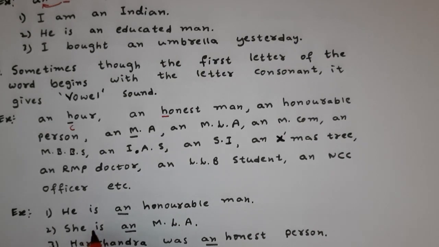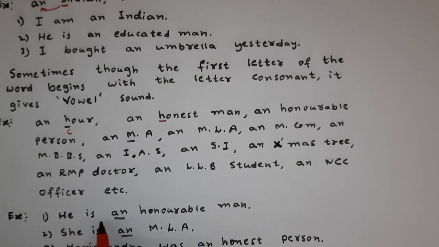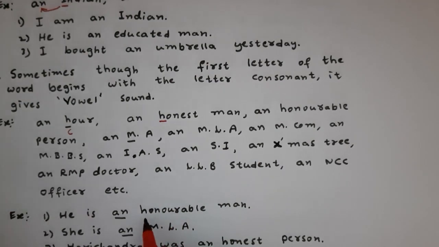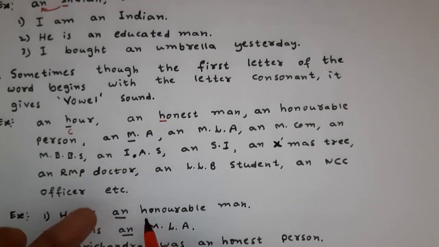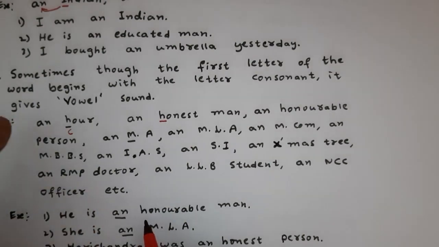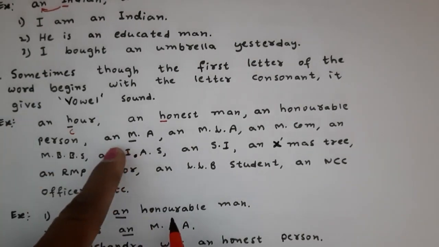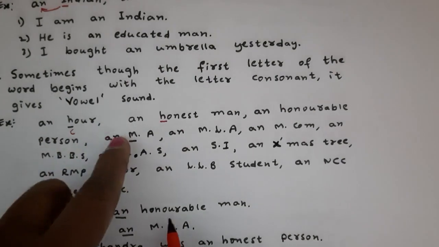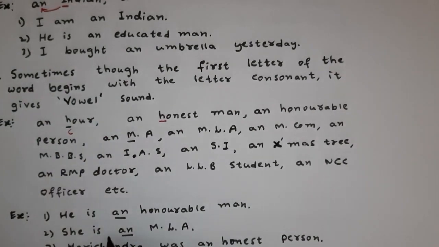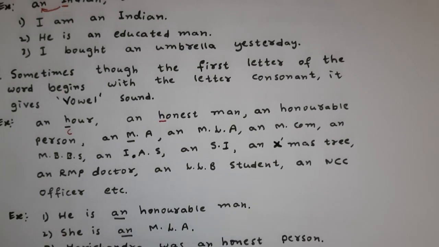For example, you see, he is an honorable man. Here, H is actually a consonant letter, but it is giving a vowel sound. So, actually, it is a silent H. Before a silent H, we use an, and before abbreviations, we use an here. She is an MLA, not she is a MLA.